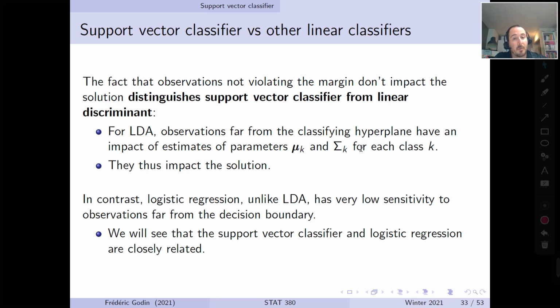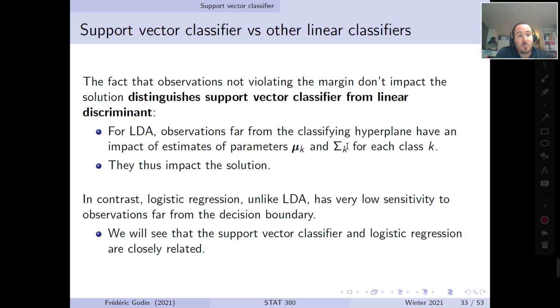So all data points impact the mean vector mu and matrix sigma, which drive the Gaussian distributions from which predictors were generated in each class. So we see that even points far away from the boundary have impacted the solution. Conversely, for the support vector classifier, as we said, points far away have zero impact on the solution. So if you change the location of points that are far away, no impact.